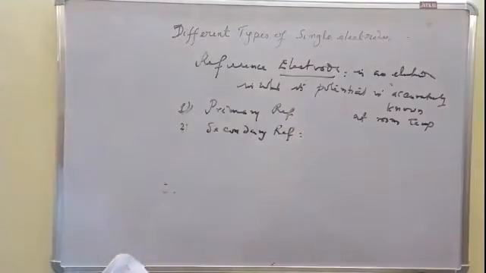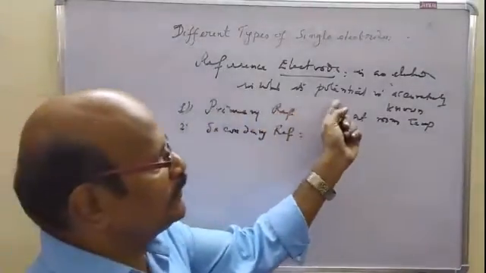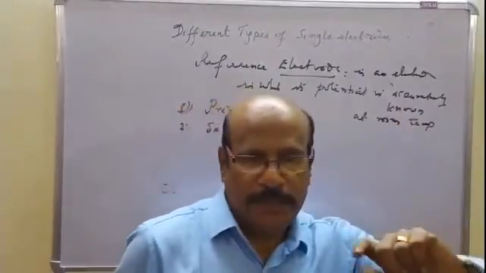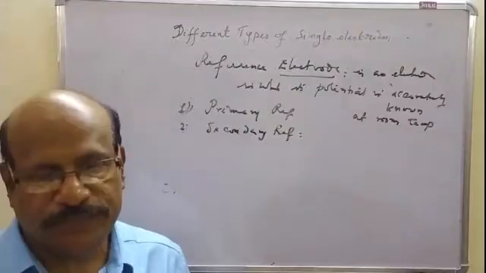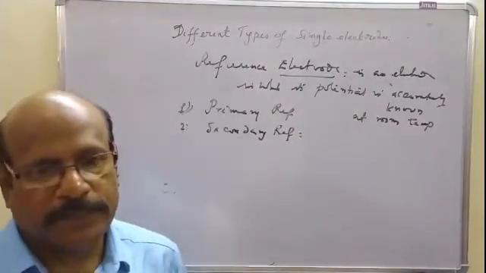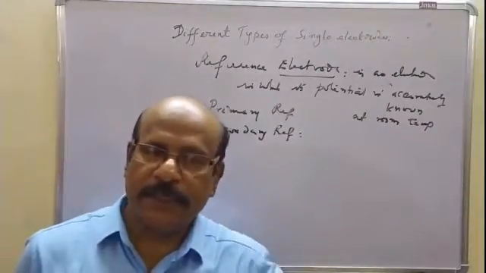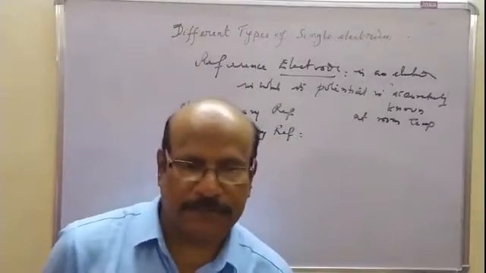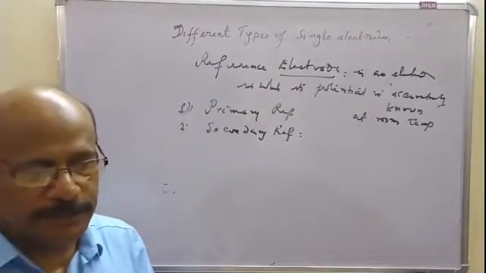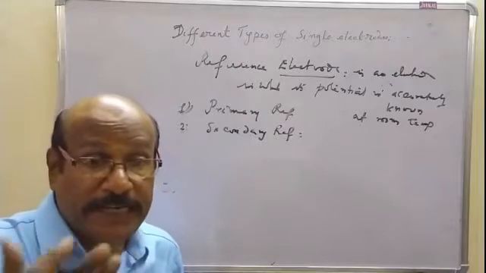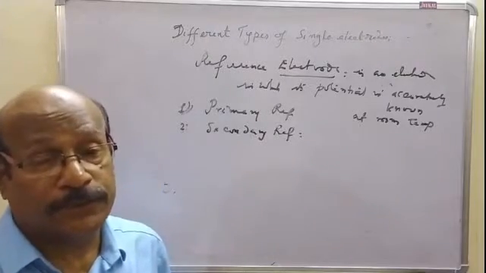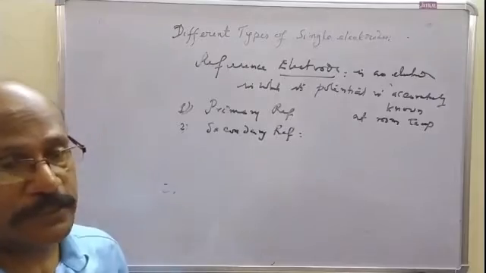A reference electrode is an electrode whose potential is accurately known, and it is used to measure the potential of any other single electrode by coupling the unknown single electrode with this reference electrode. That is the usual practice. If you wish to measure the single electrode potential of any unknown metal ion electrode, you have to couple it with a reference electrode.